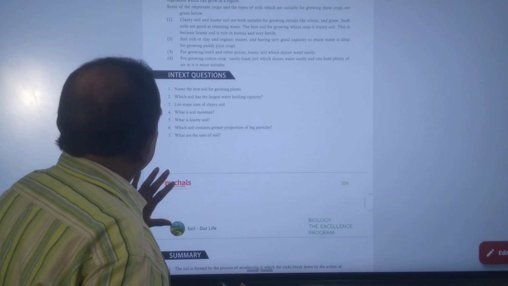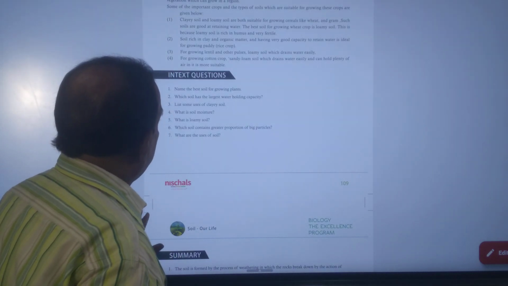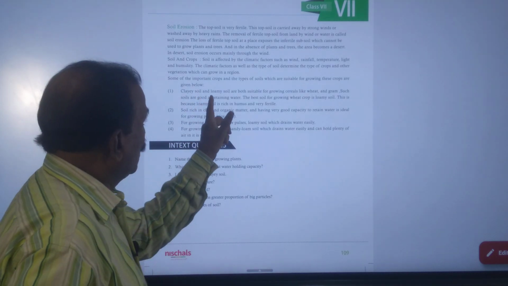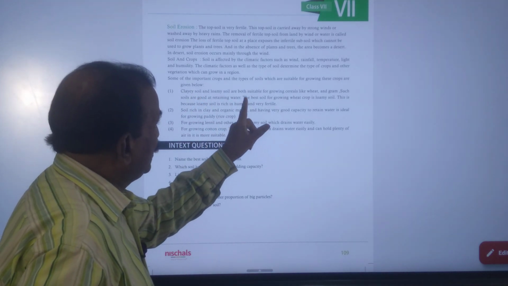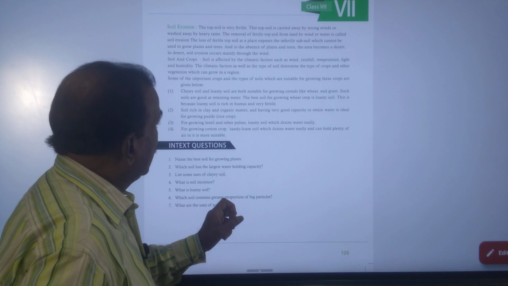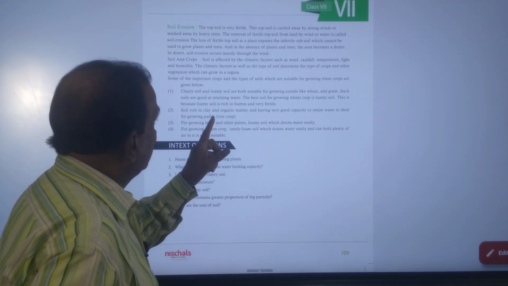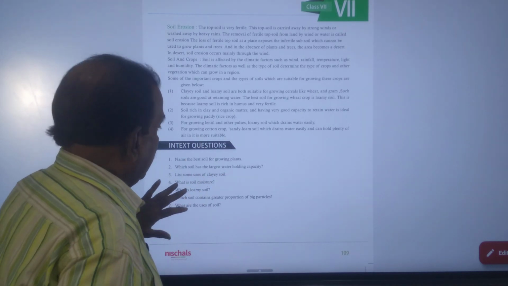The next question is: list out some uses of clay soil. Clay soil is useful for the growth of wheat crops, it is also useful for the growth of gram, and also for the growth of many other plants.